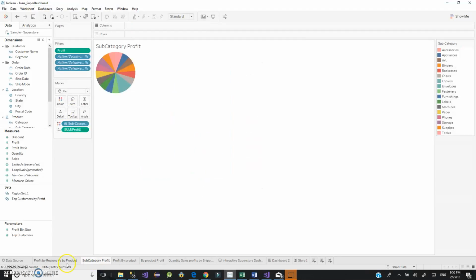I'm gonna go to another section here. Subcategory is here, still analyzing profit for subcategory. Furniture is right here, and accessory, appliance, profit.